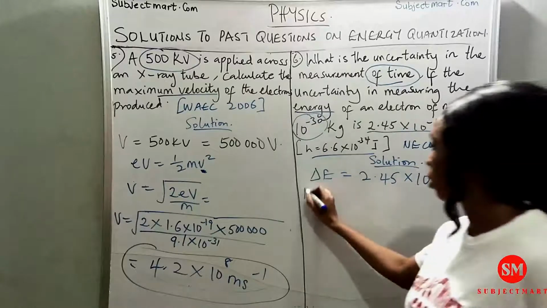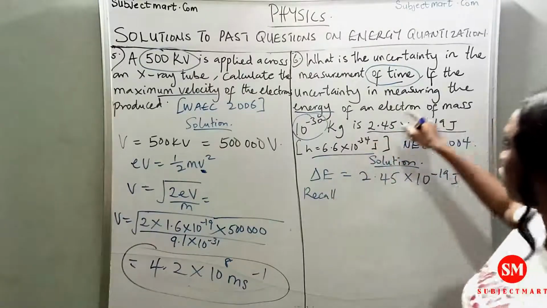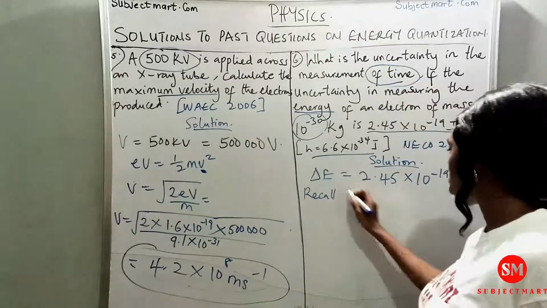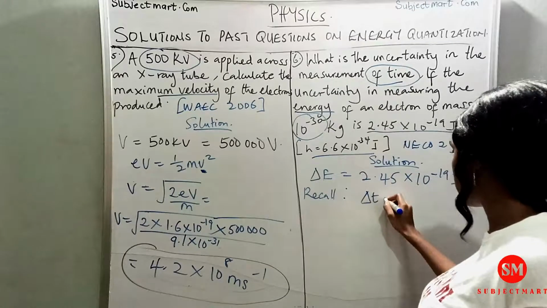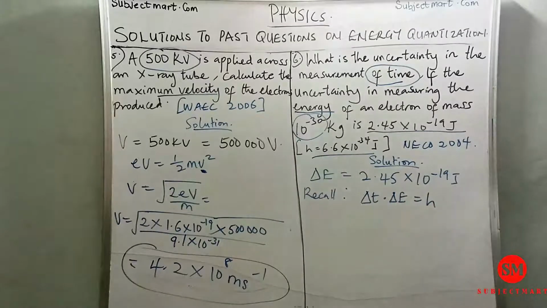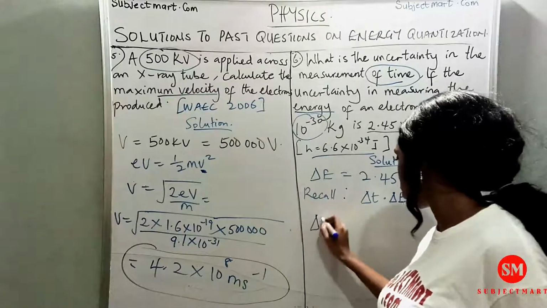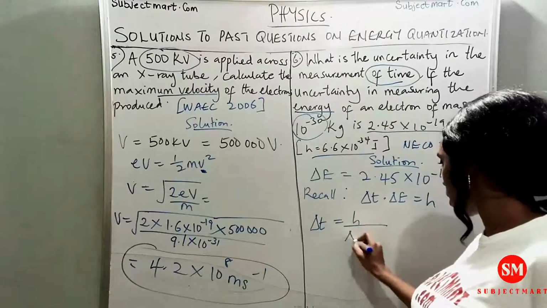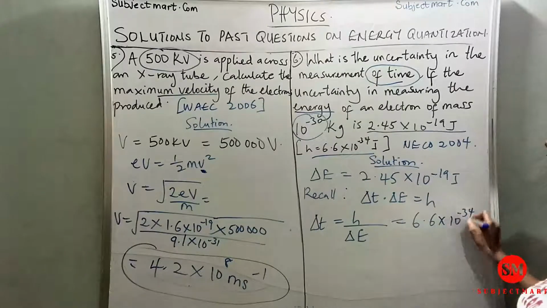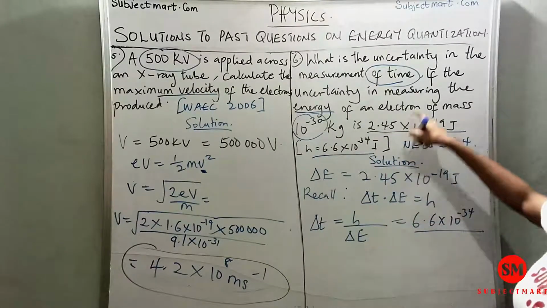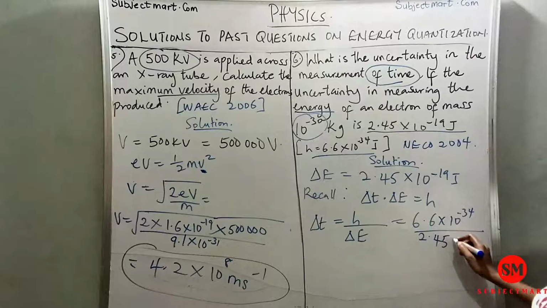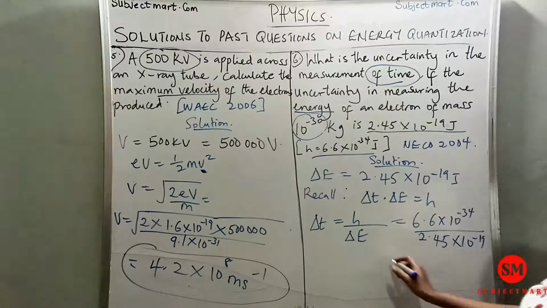So you recall, we are asked to find delta t, which is the uncertainty in measurement of time. You recall that delta t times delta E is equal to h according to the uncertainty principle. So if we make t the subject of the formula, we have h over delta E. Our h is the Planck's constant, which is 6.6 times 10 raised to the power minus 34, over the change in E, that is 2.45 times 10 raised to the power minus 19.